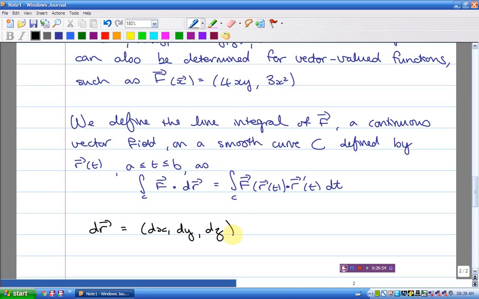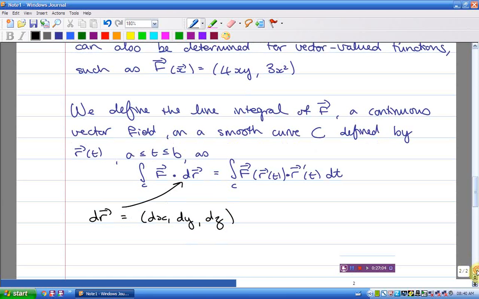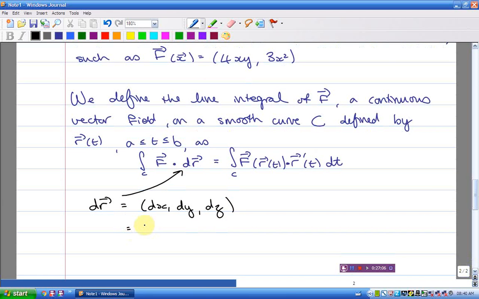So we're taking F and we're dotting it with the vector dx, dy, dz. That's what the vector dr is. But we can kind of play a mathematical trick here.